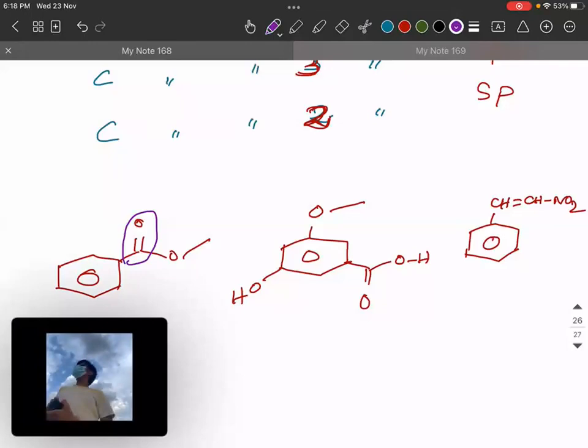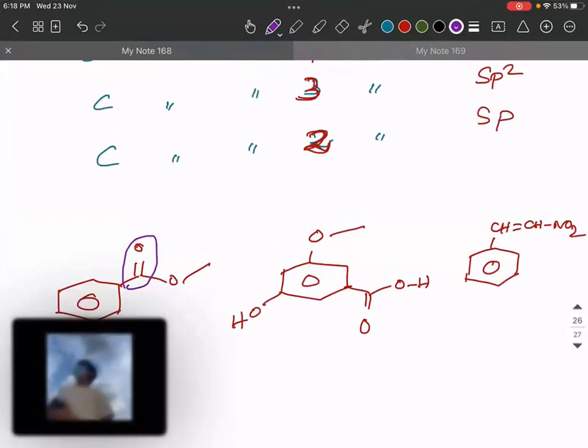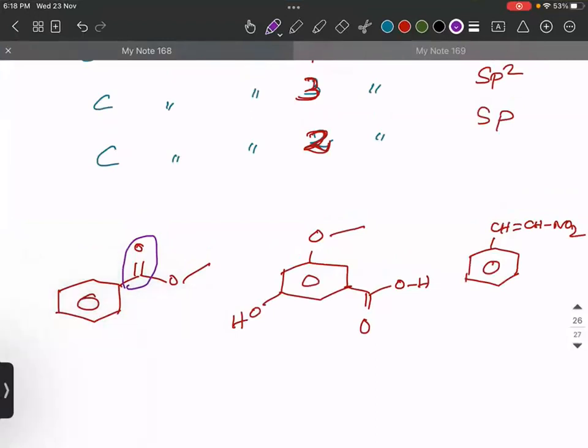Here we have the functional group COO dash, so it becomes ester. Please remember, ether means oxygen attached to carbon, not carbonate.